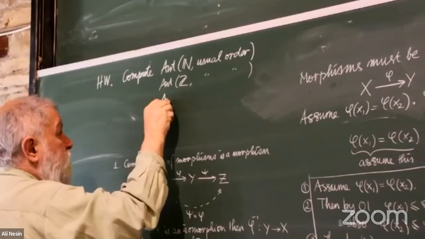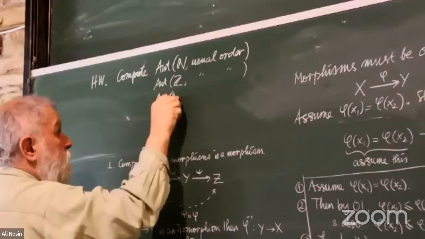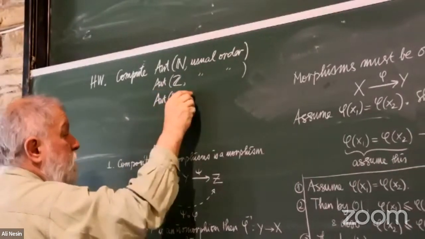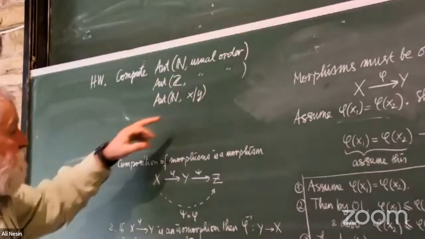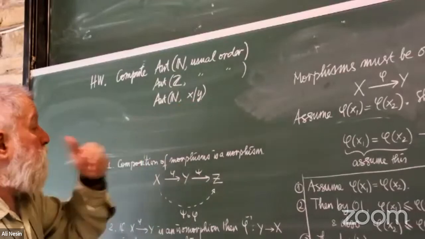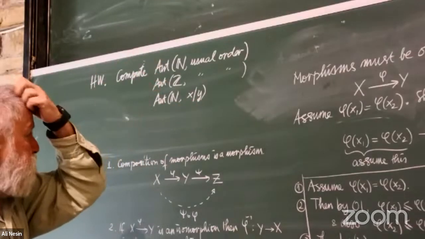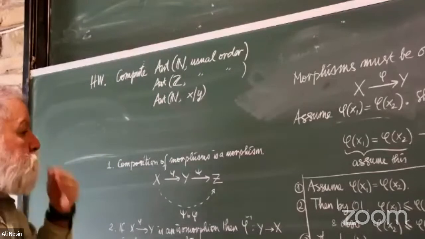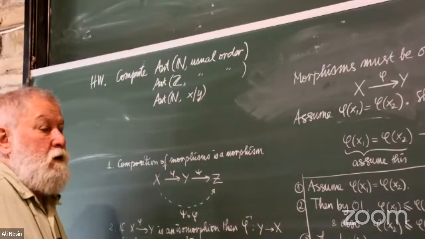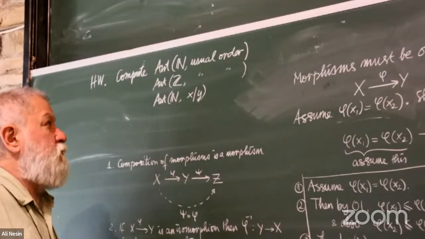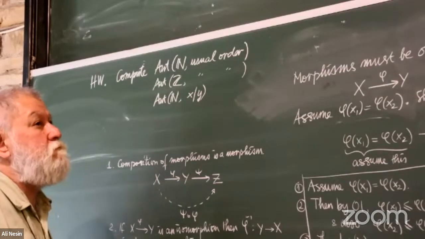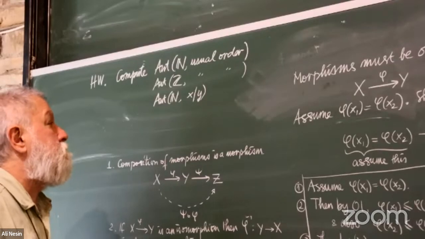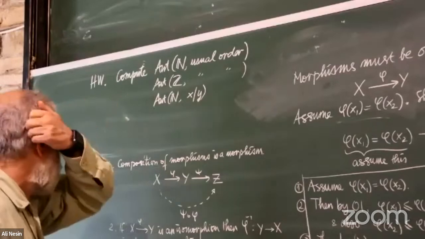Compute automorphisms of natural numbers with x divides y. x is less than or equal to y if and only if x divides y. This is one of the examples. Automorphisms of Q is much harder. Of real numbers also much harder. Okay, so compute these groups.